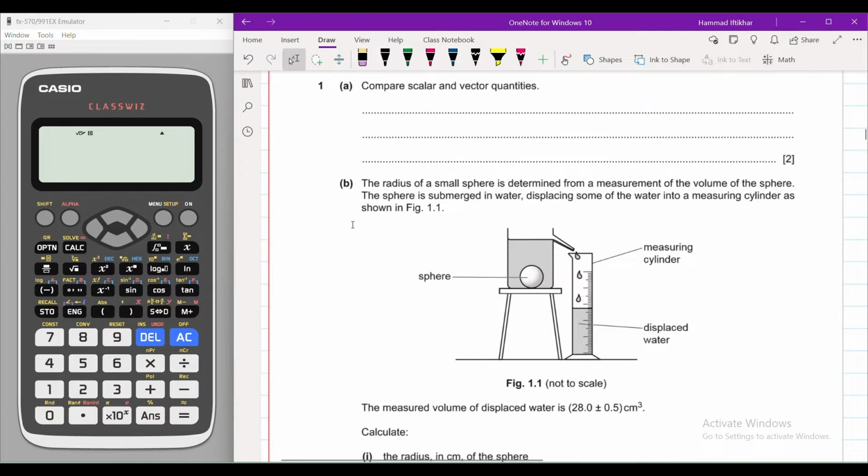All right, the first question. Compare scalars and vector quantities. Whenever we are asked to compare two quantities, they're not just asking about the differences, they're asking about the similarities also. So when we talk about the similarity, both require numerical magnitude.